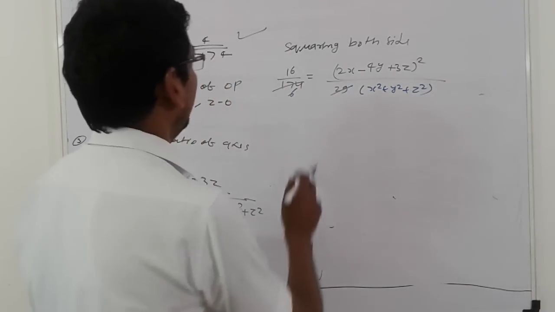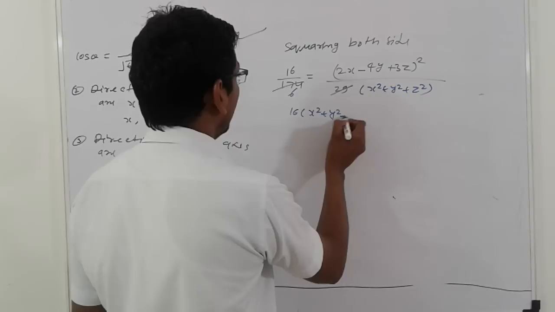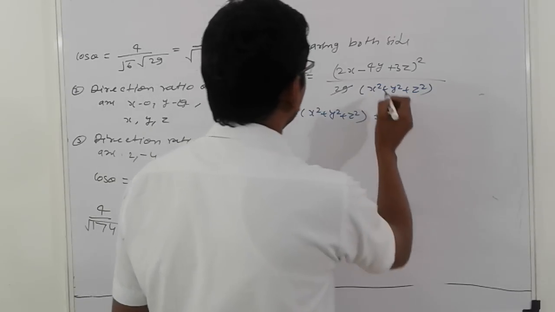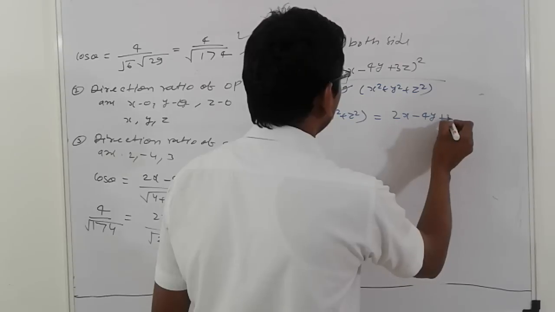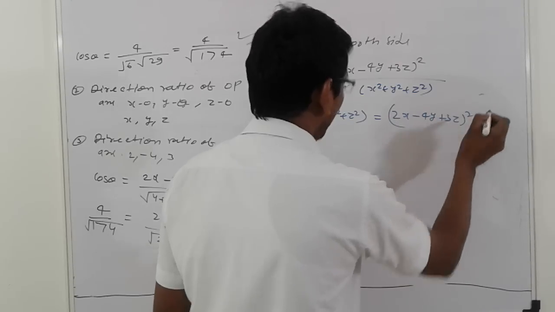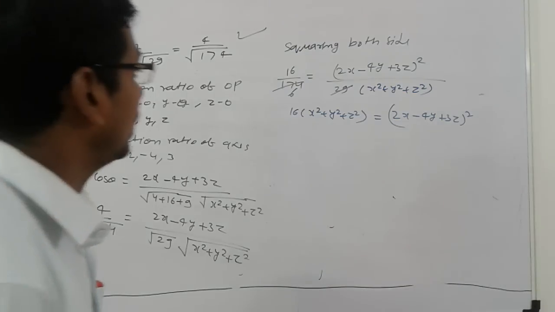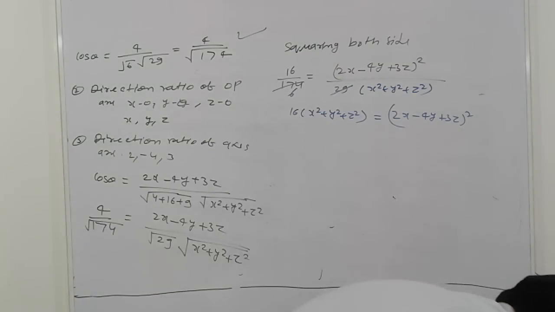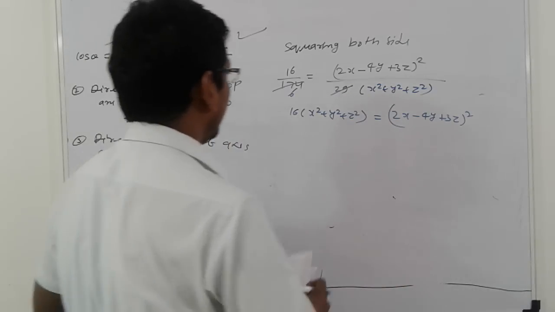ठीक है, and here so this is 16 times x square plus y square plus z square equal to 2x minus 4y plus 3z whole square here. So अब आप इसको सिंप्लीफाई करिए, a plus b plus c whole square यूजिंग द फार्मूला. मैं सिंप्लीफाई नहीं करने वाला हूँ, आप खुद करेंगे here.